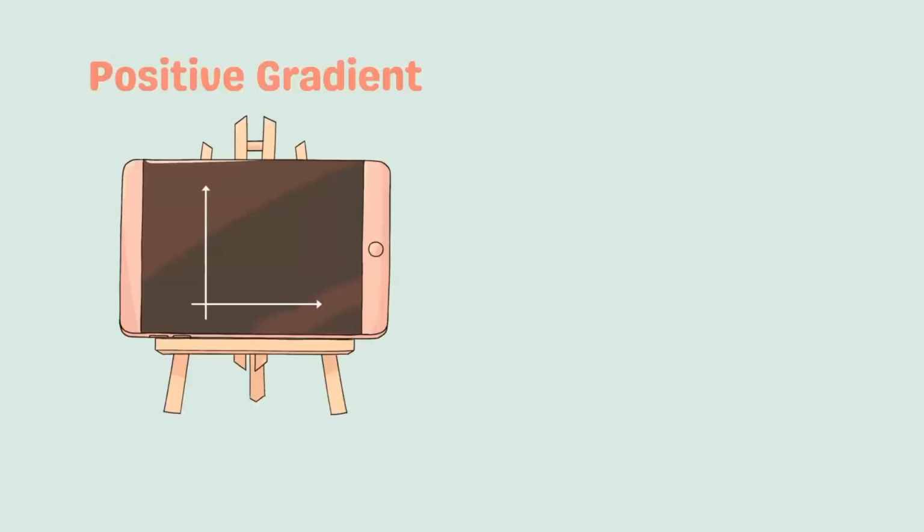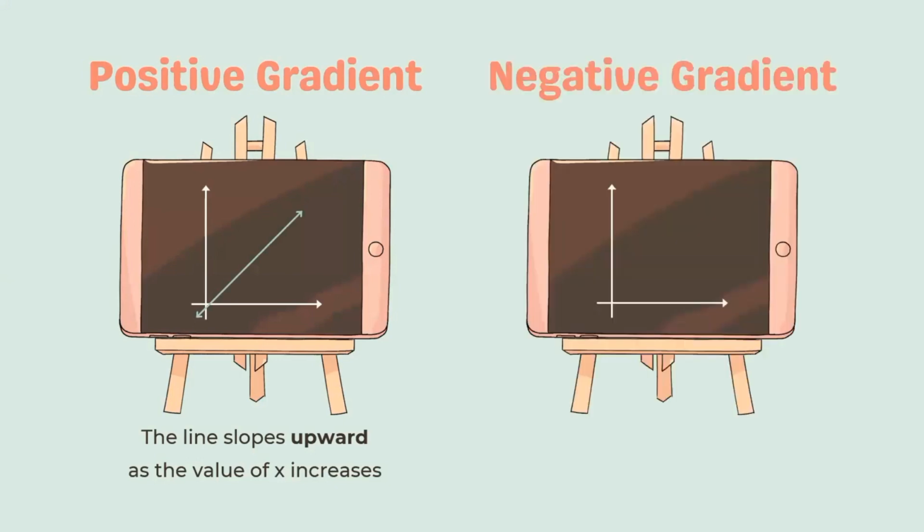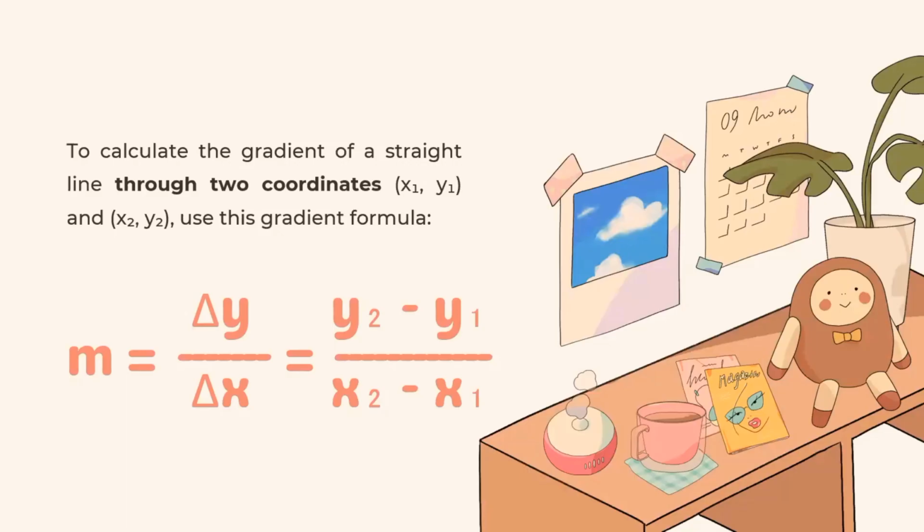So, if the gradient of the line is positive, then the line slopes upward as the value of x increases. And if the gradient of the line is negative, then the line slopes downward as the value of x increases.